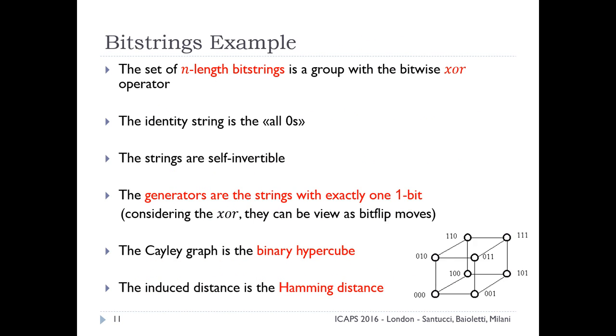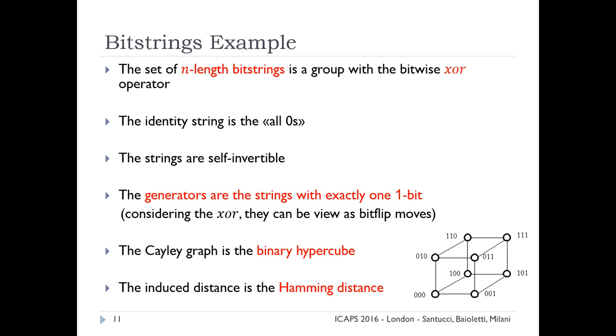Okay, this is a very small example. Consider, for example, the combinatorial problem with bit strings of length n. They satisfy the properties of a group if you consider the bitwise XOR operation. In these cases, the neutral element is the all zero string.